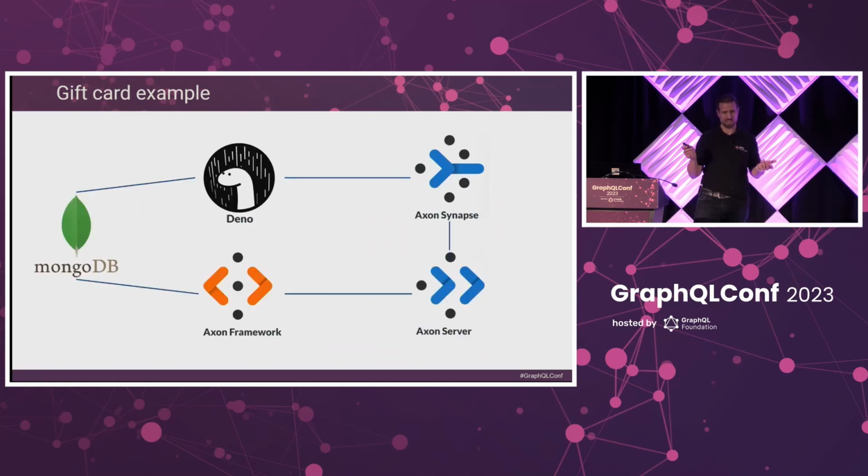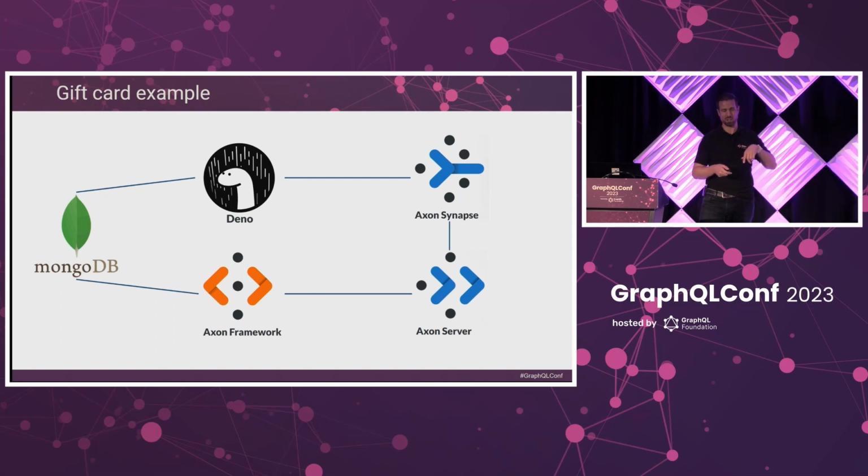So this is how it looks. I think I managed them all. So information is flowing from the Deno app. You basically execute a command, for example, to create a gift card, that is going via Axon Synapse to the application.